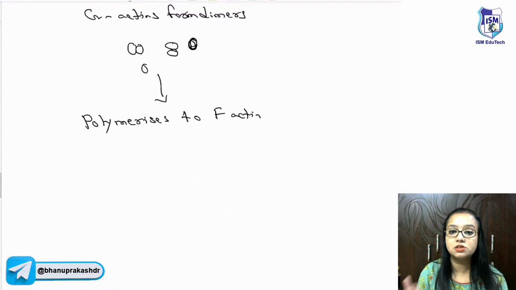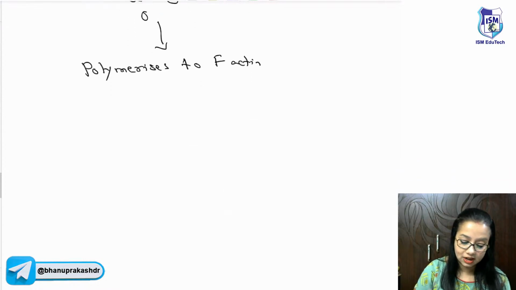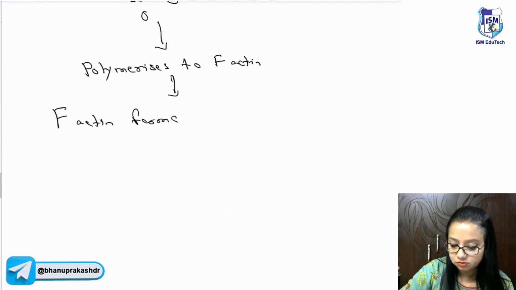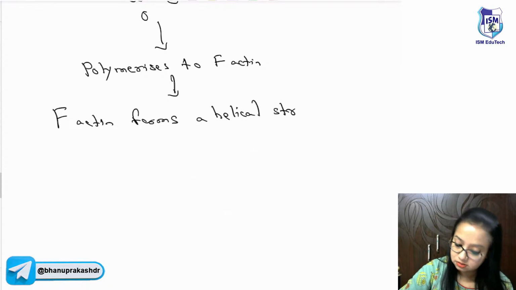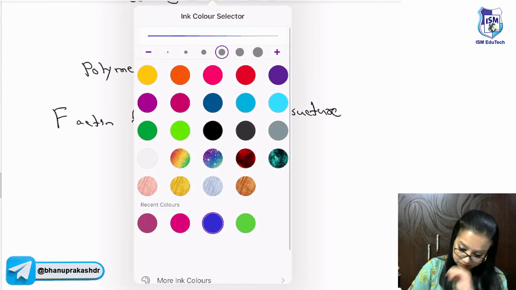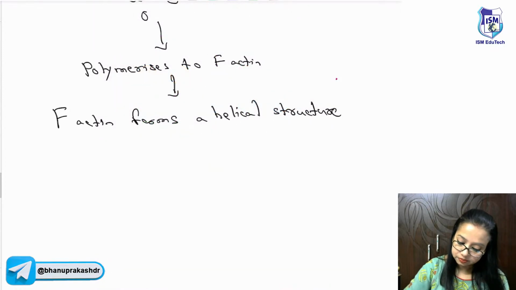So now polymers of F actin are formed, and this F actin forms a helical structure. Okay.